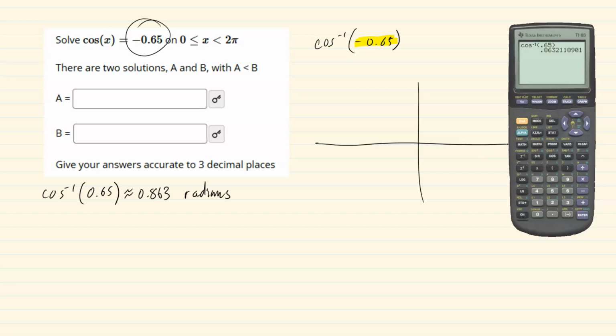If we're going to have a cosine of some value being negative, and remember, cosine is the horizontal distance, the x part of our coordinate. Sine is the y, the vertical. So if we have a negative value from cosine of x, then that means we're in the second and third quadrant for our solutions.